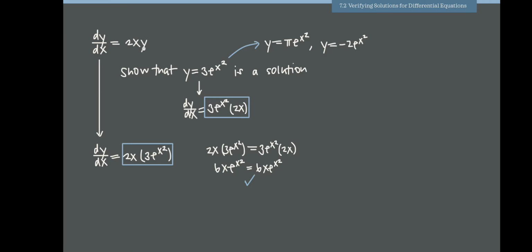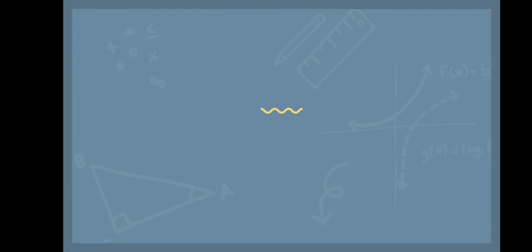And the idea here is just that the general solution is y equals some constant c, e to the x squared. This is the general solution to this differential equation, where c can be any constant. So those are the two ideas from 7.2.